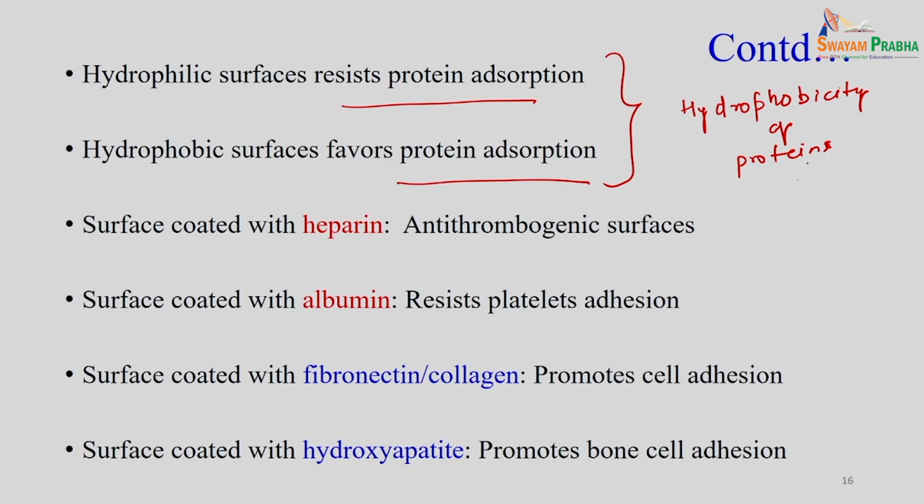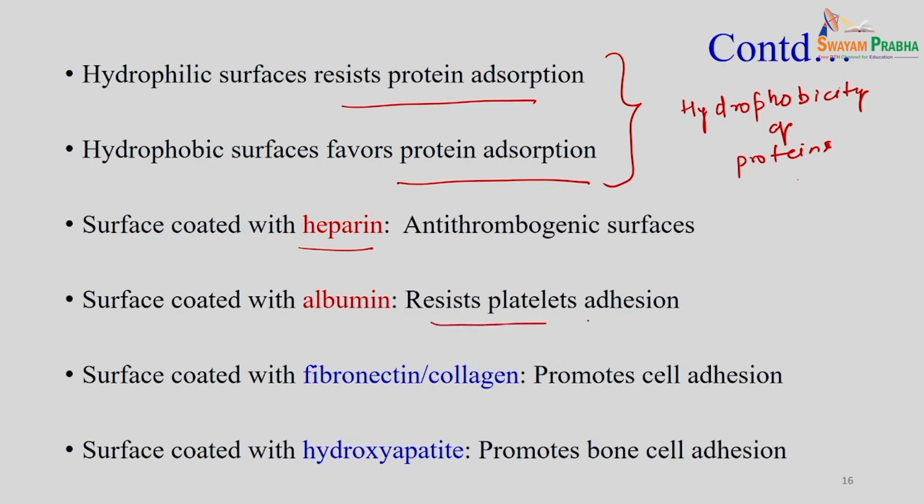So, depending on that, the hydrophobicity of the surface regulates the protein adsorption. Also, if you are particularly looking at the blood contacting surfaces, we can coat with anti-thrombogenic agents like heparin to avoid the blood clotting.